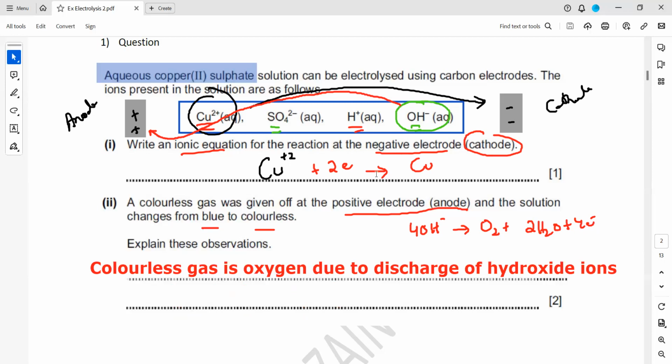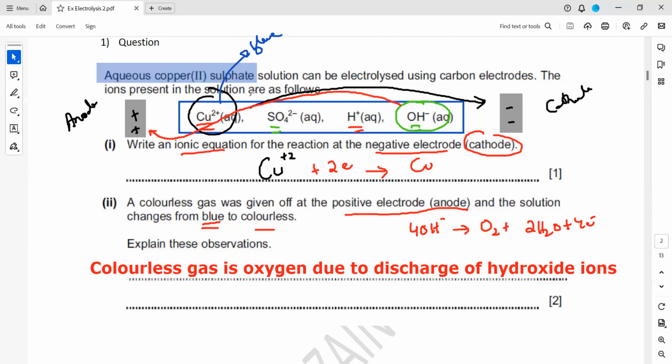And the second thing, we have to explain the observation: why the solution gets paler or lighter, or the blue color disappears and it becomes colorless. Copper ions are blue in color.